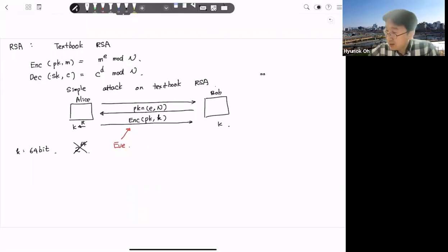So Eve can see the encrypted data, which is K to the E mod N. That is available as the ciphertext. So the ciphertext is K to the E.